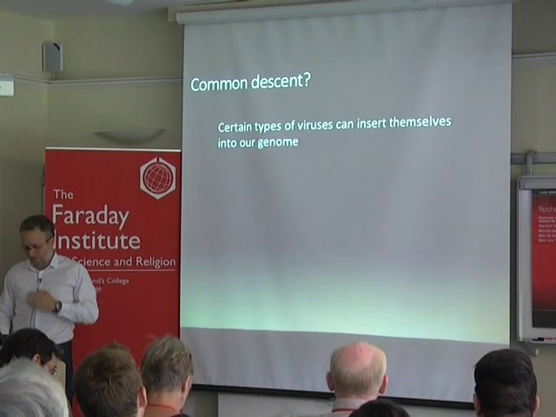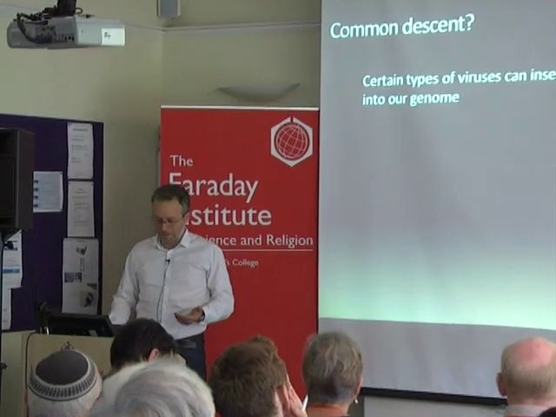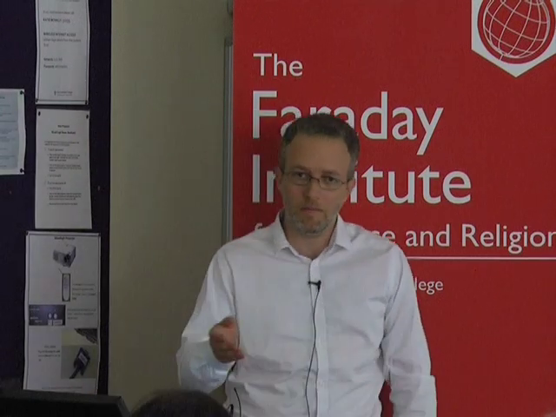There are other evidences, of course, thousands of them. Certain types of viruses can insert themselves into our genomes, and we have found more than 100,000 retrovirus sequences in our genomes. That's quite a lot: 5 to 8% of our genome is made of virus sequences.